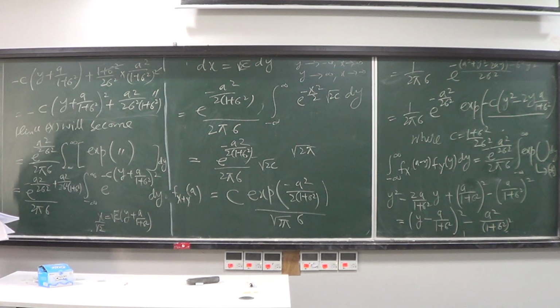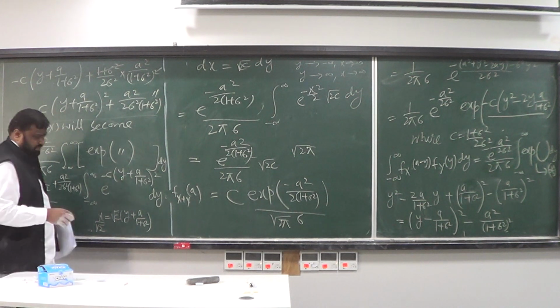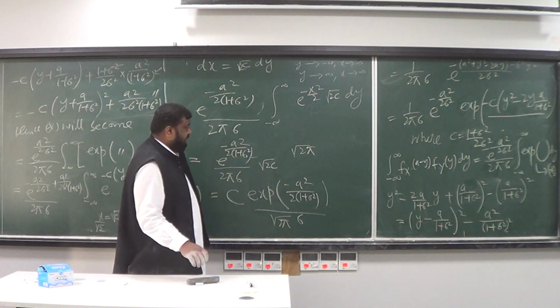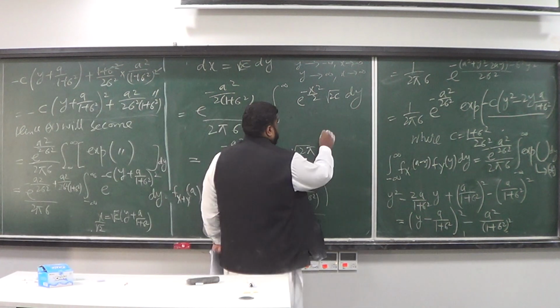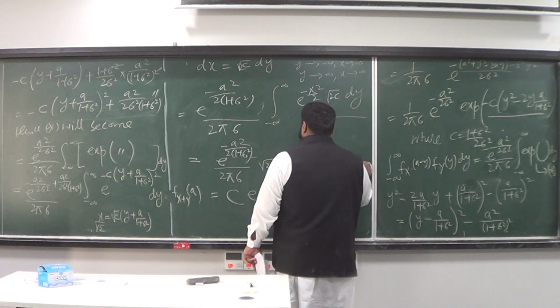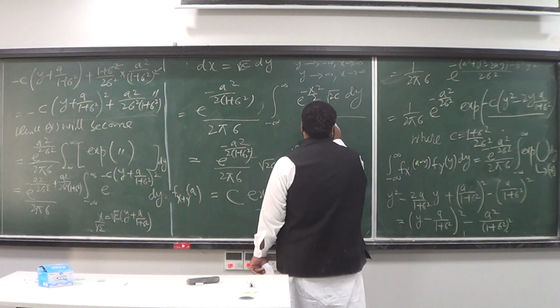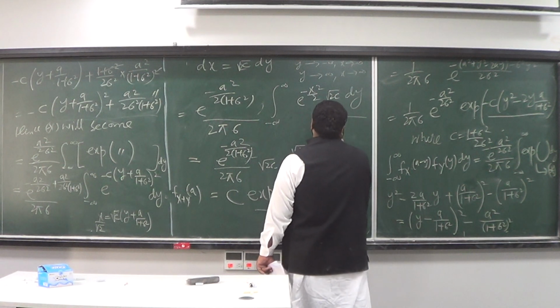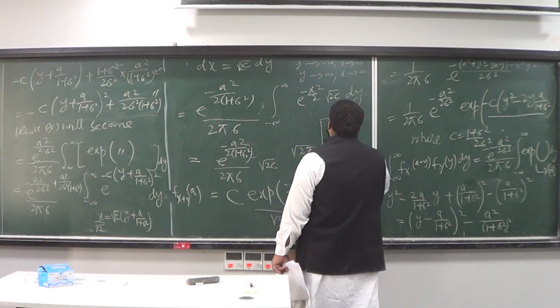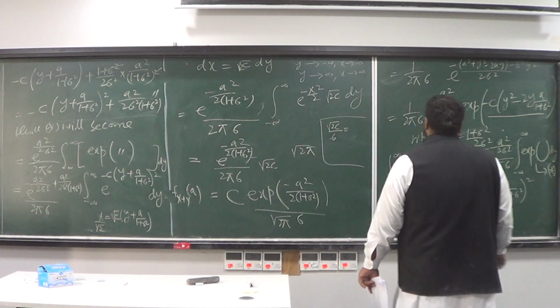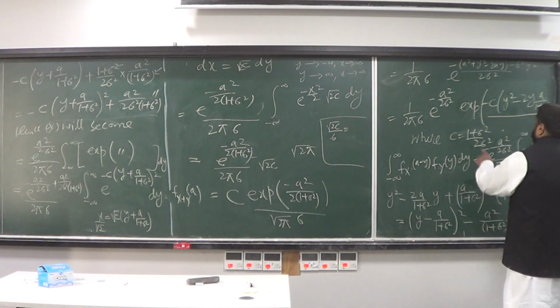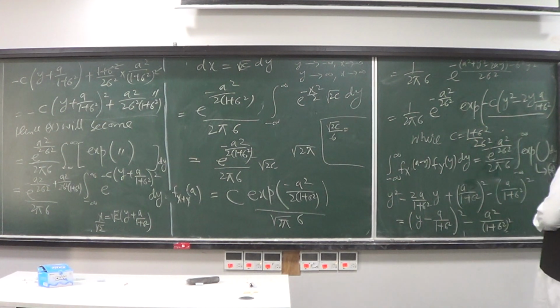Okay, so if we are a little bit more precise and try to calculate, for example, this square root of 2c by sigma, then c is 1 plus sigma square over 2 sigma square.